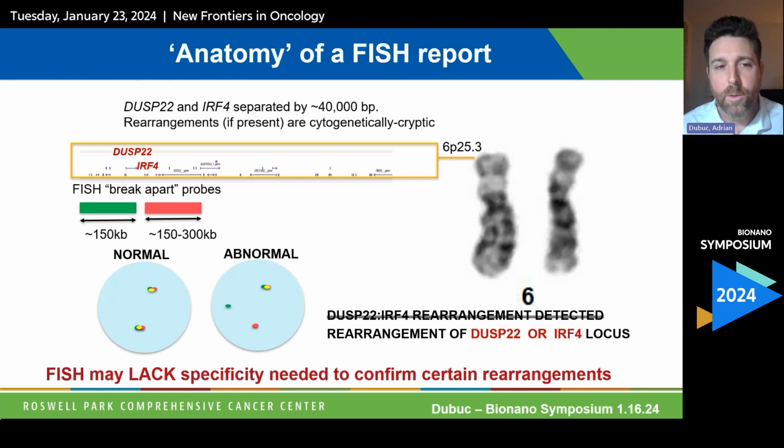But the FISH studies that we use are using probes that span nearly a 500 kilobase to 1 megabase region of the genome. And therefore, we don't have the clarity to be able to definitively see which of these genes within this locus is in fact rearranged.